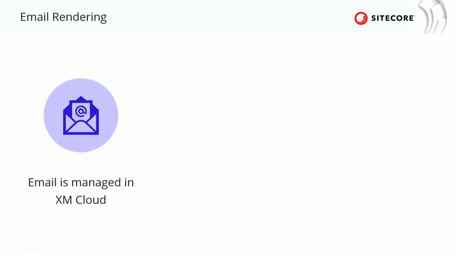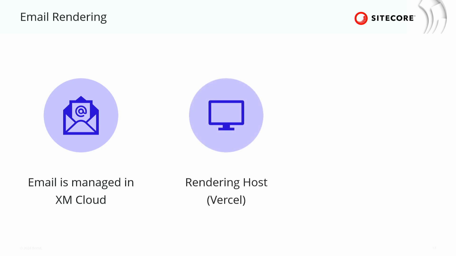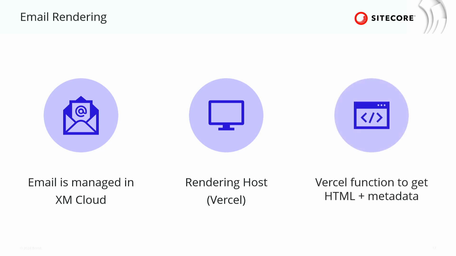And the second question was how to render the email. We decided to store the email template in Sitecore XM Cloud like any other page. That means the template will be rendered in the rendering host, Vercel in our case, but it's only a template with some tokens and so on.